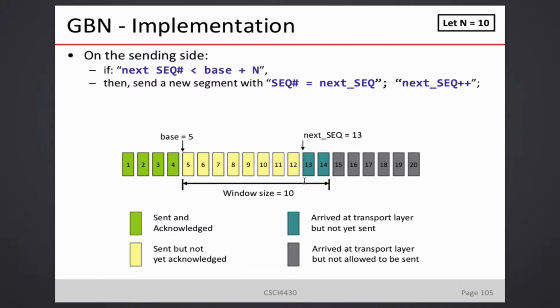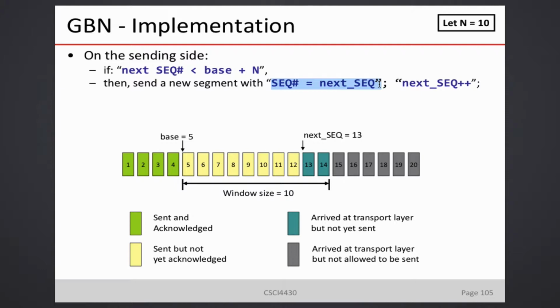Base plus N is the starting point plus the width of the window, so that means starting point and ending point. The ending point is bigger than the next sequence number, so you still have capacity to send out things. Then please send out new packets with sequence number equal to the next sequence number, and add 1 to it.